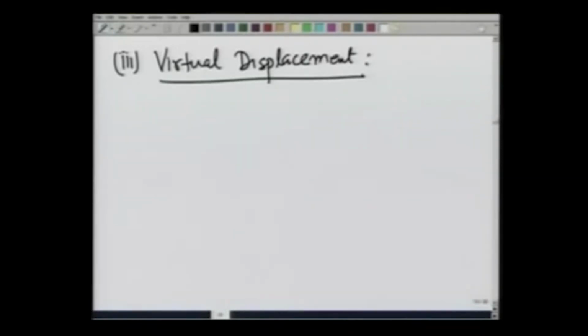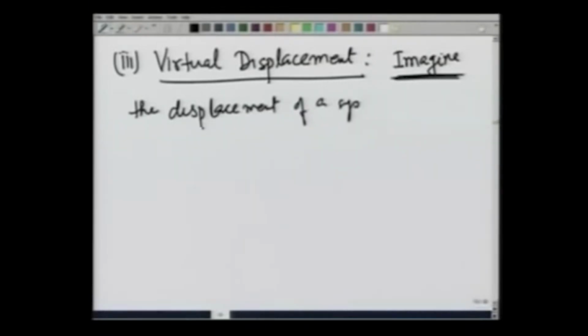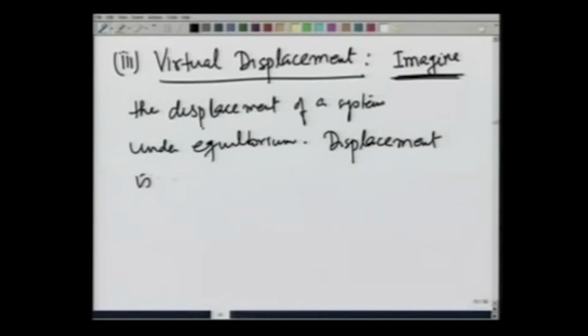In virtual displacement, I would like you to imagine, and I want to emphasize this word imagine, the displacement of a system under equilibrium, and the displacement is such that it is consistent with the constraints.